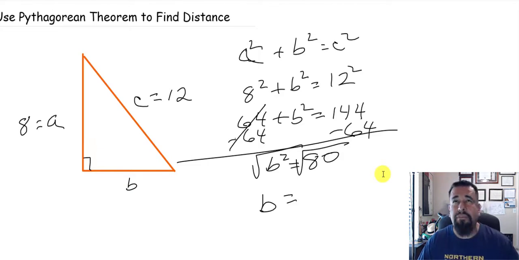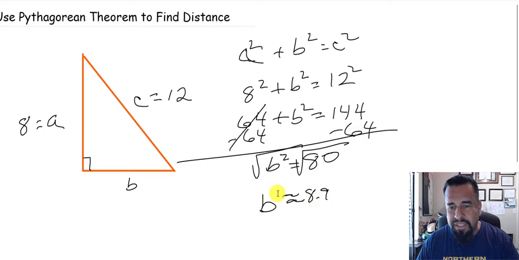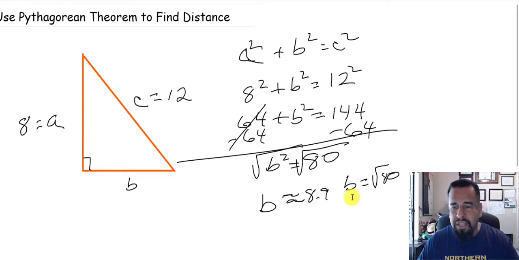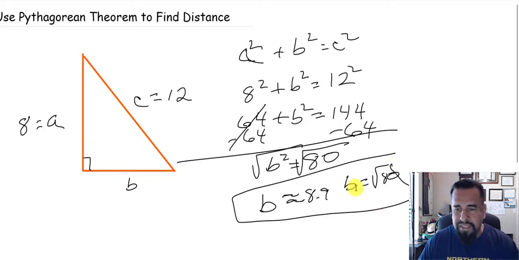And I believe if you take the square root of it, it should equal somewhere around 8.9. So if they want you to approximate, this wouldn't be equal, this would be approximately. So at that point, you have to listen to your teacher whether they want that answer or they want just to leave it in this format. The square root form would be considered the exact answer, and the decimal is an approximate answer.